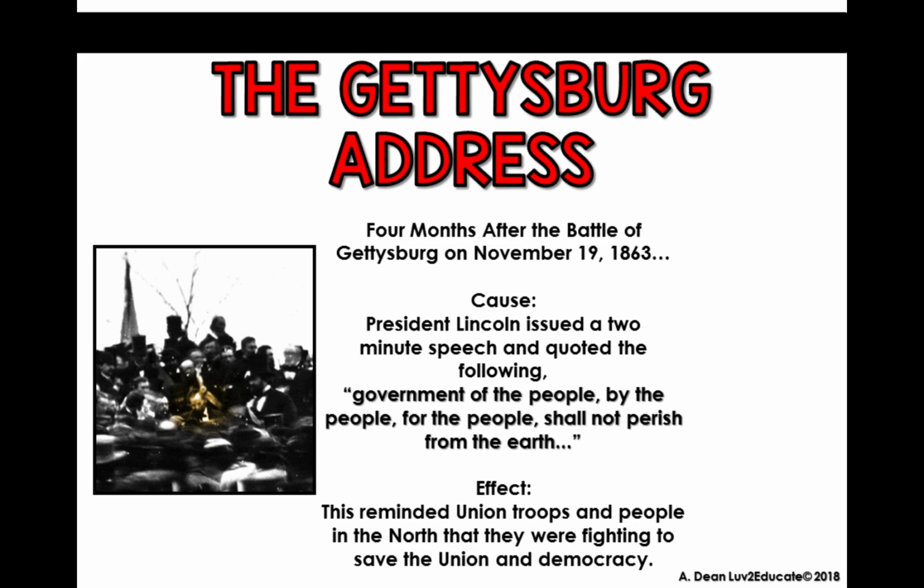So his speech basically reminded the Union troops and everyone in the North that they were fighting to save the Union and for democracy, right? Because ultimately that was what they wanted. Remember back in Unit 2 where they gained independence from the British. They had their own democracy rather than being ruled by a monarch, a king, right?